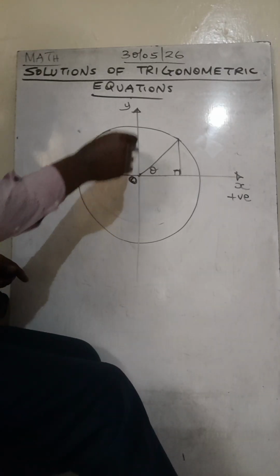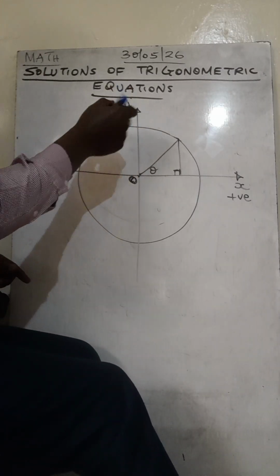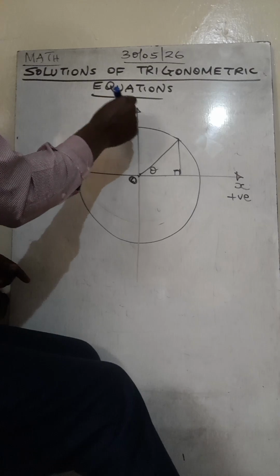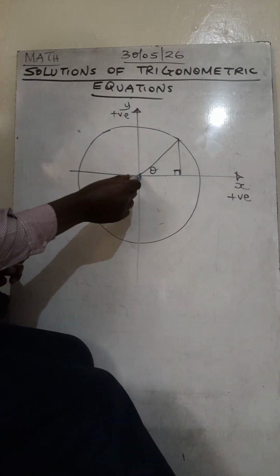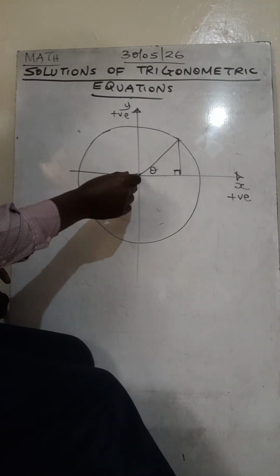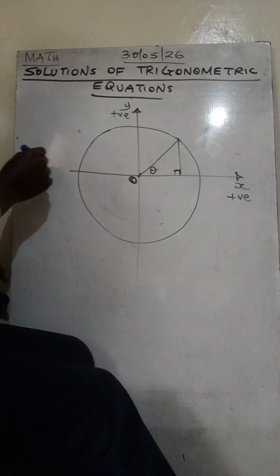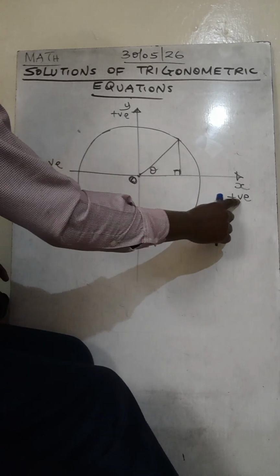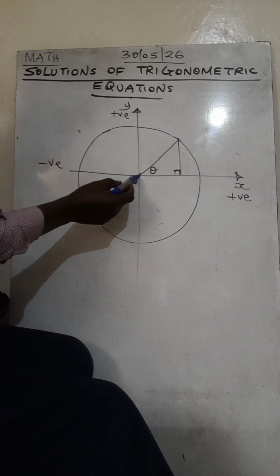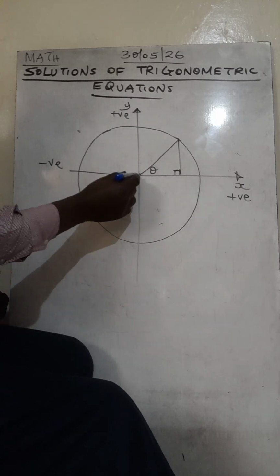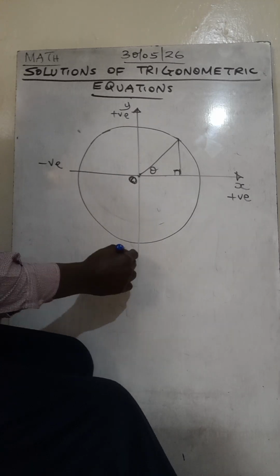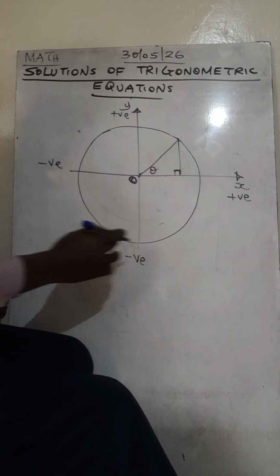From here upwards, all the values of y are usually positive. From here, this direction, from here this way, all these values of x are negative. Then from this point downwards, all these values of y are negative. That's very crucial.